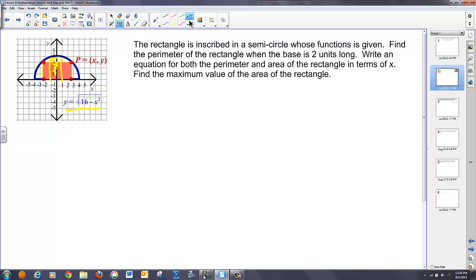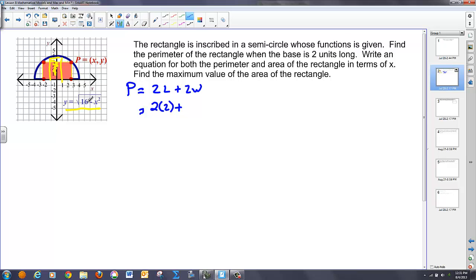In order to do that, I know my perimeter is given by the equation 2 length plus 2 width, or 2 base plus 2 height. It really doesn't matter. Right? I'm going to call my length the horizontal. So in this case, I know my horizontal is 2 times 2, and my width is described as 2 times the height.